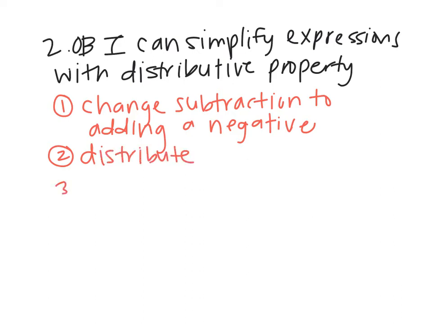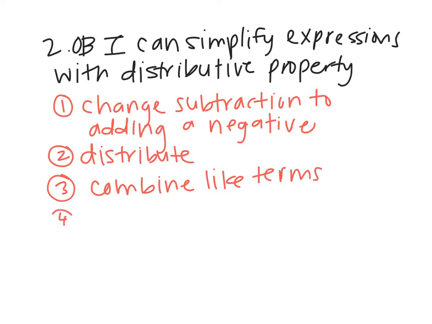And then the third step would be to combine the like terms. And then the last step would be to simplify the signs. So we'll just do a couple of examples together.